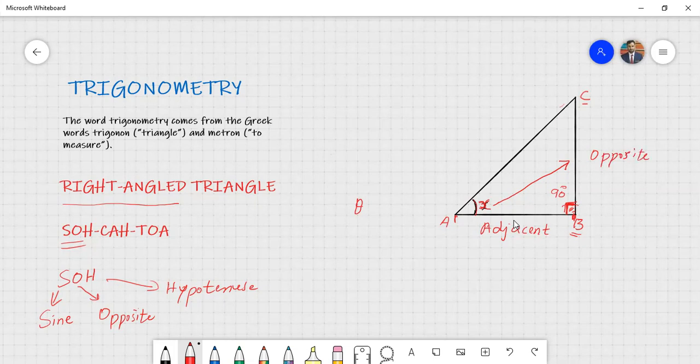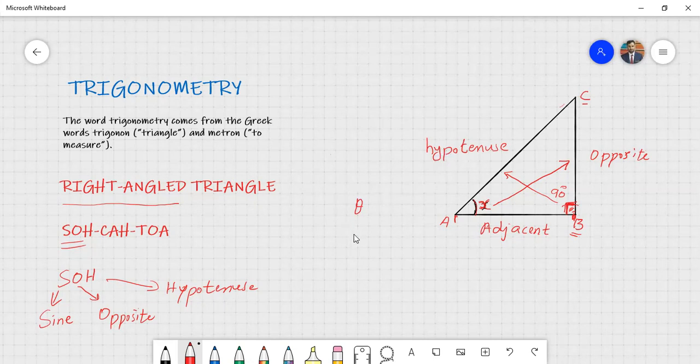Now, the side which is opposite to the 90-degree angle, the right angle, is known as hypotenuse. Got it? So there are three sides: first is adjacent, second is opposite, and third is hypotenuse.